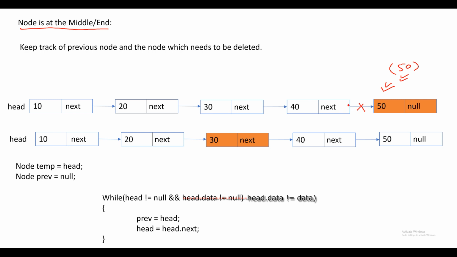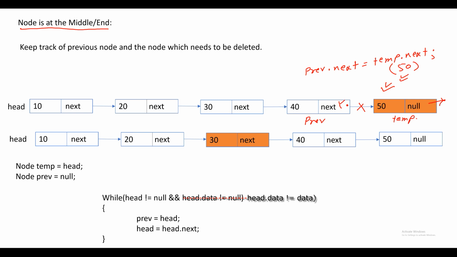And how we can disconnect it? So to do this, just assume that this is the previous node and this is the node which we need to delete, okay? So if we say that our previous.next is equal to our temp.next, it means now this next should point to this next, right?